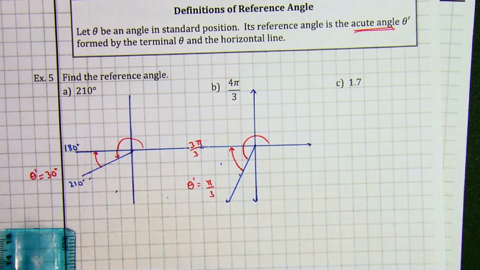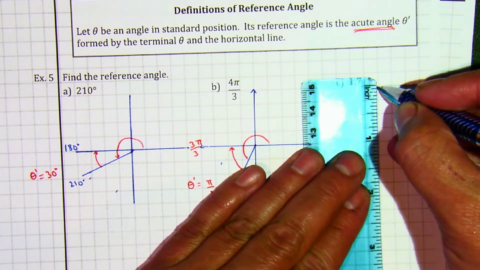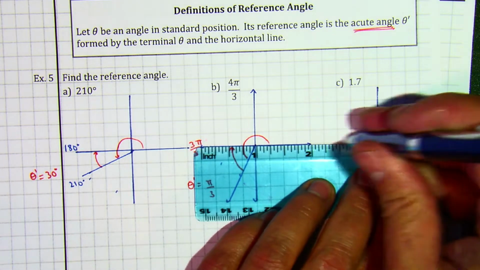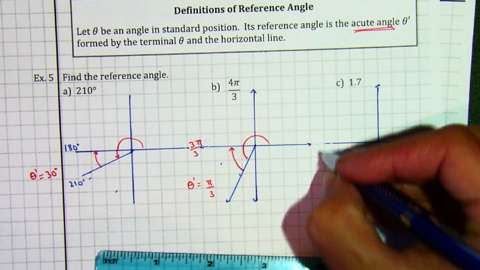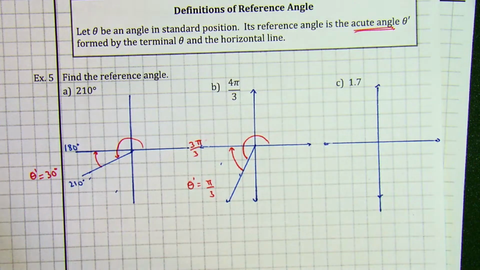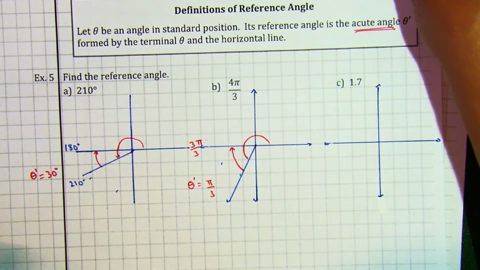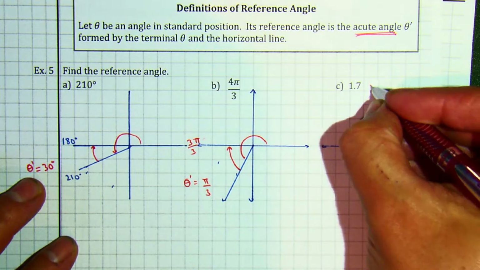Next, 1.7. So let's make an x and y axis. Where is 1.7 radians, not degrees, because it doesn't have a degree sign. That means this is radians.